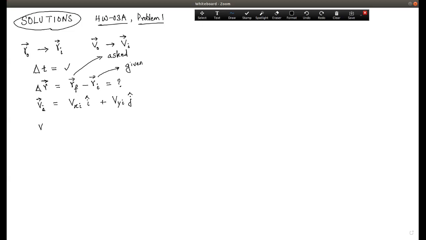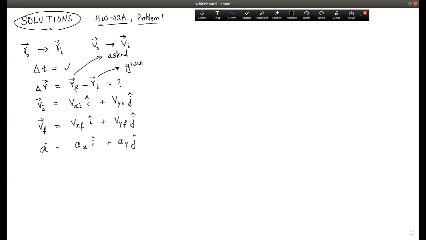V final in general is Vx final i plus Vy final j, and acceleration is ax i plus ay j. That's our set of equations.